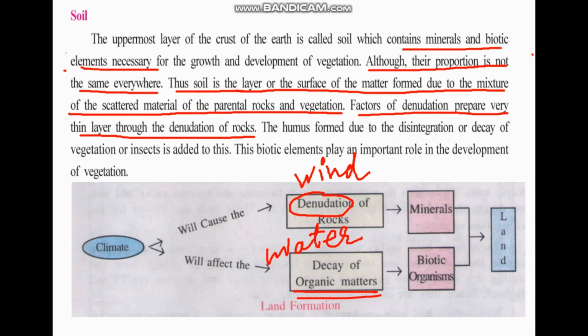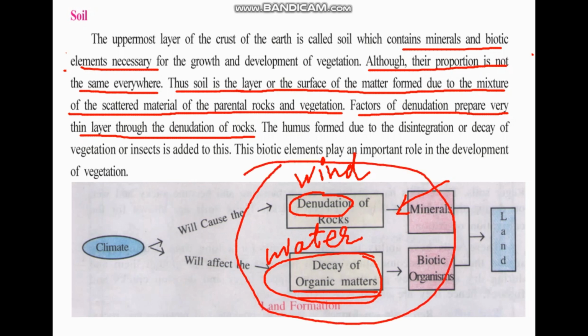Anything it can break. When it breaks, it mixes with other materials like leaves, insects, and other decaying things, that is the biotic elements, and other minerals mix in. So this all mixes with the passage of time, and it is formed into land. It is called land.